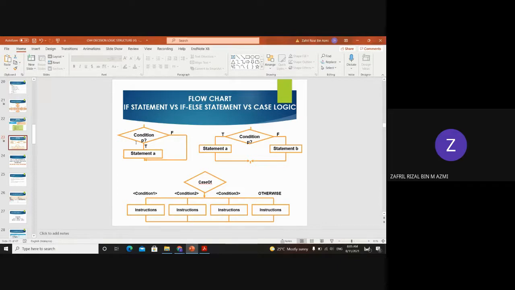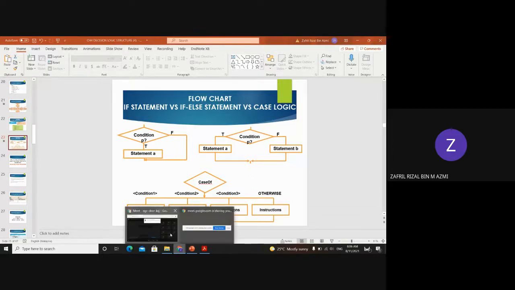If the condition is false, there is no statement at all. So the algorithm is: if the condition is true, then there is a statement, and no else. No else if it is a single selection.